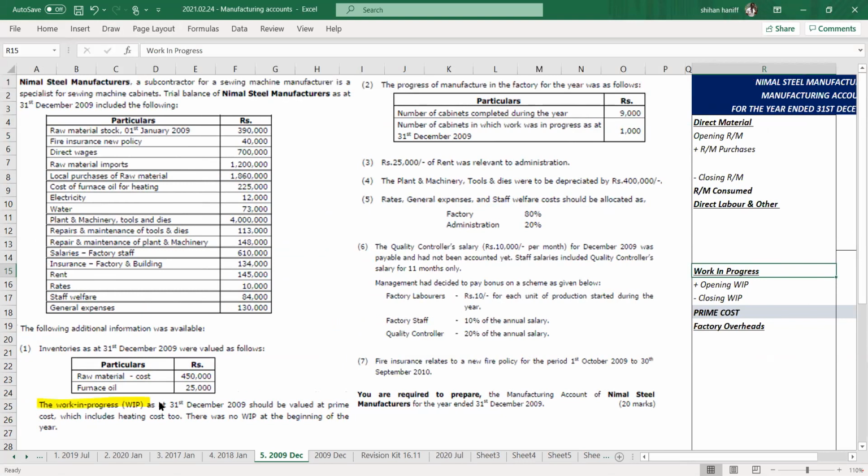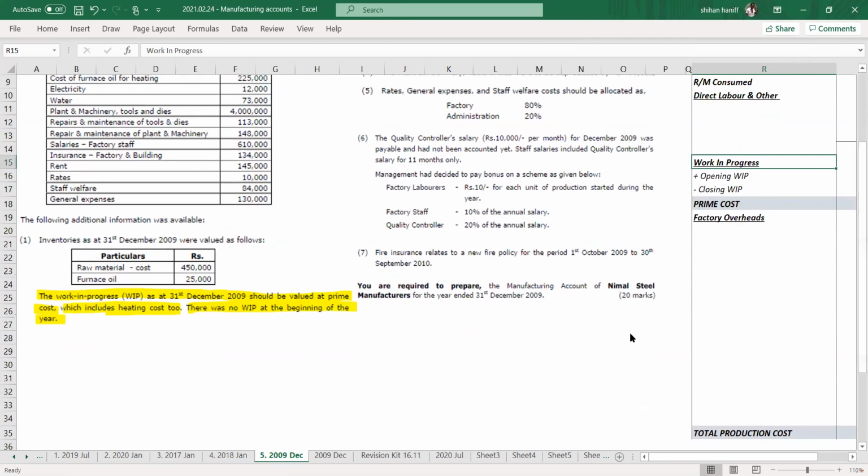The work in progress as at 31st December 2009 should be valued at prime cost, which includes heating cost too. So heating cost is prime cost. There was no work in progress at the beginning of the year. Keep more space for the factory overheads.